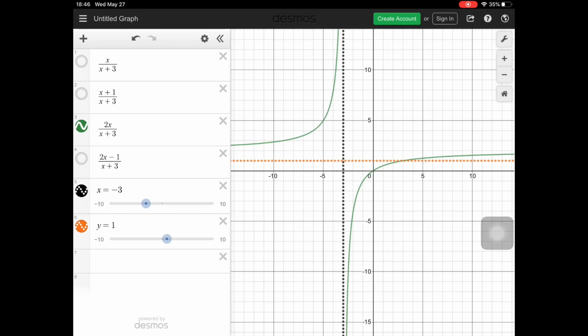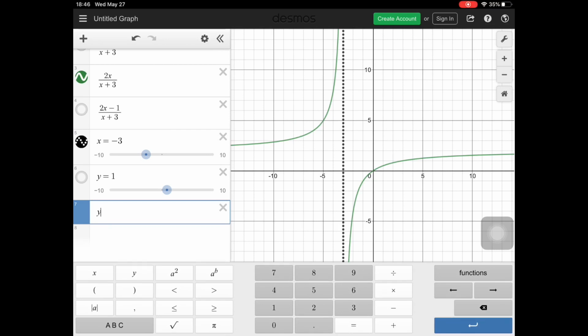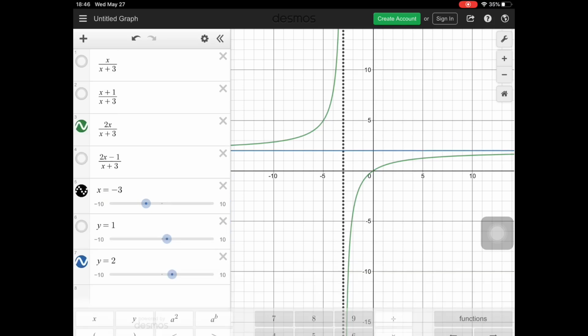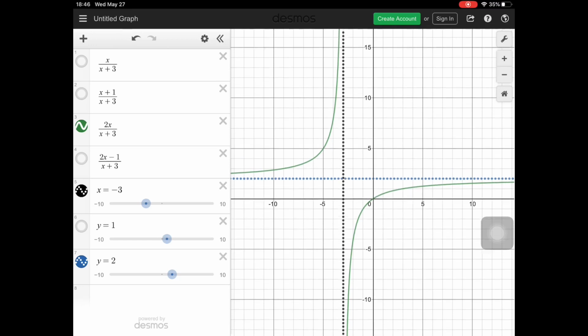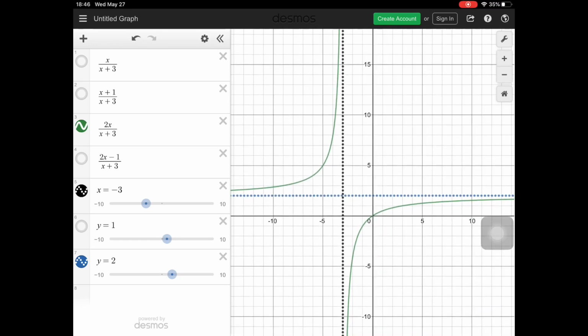And you see that the vertical asymptote is still the same, but the horizontal asymptote is now different, right? It's not y equals 1 anymore. If we do y equals 2, we're going to see that that is our new horizontal asymptote, right? So that's the new horizontal asymptote, y equals 2.